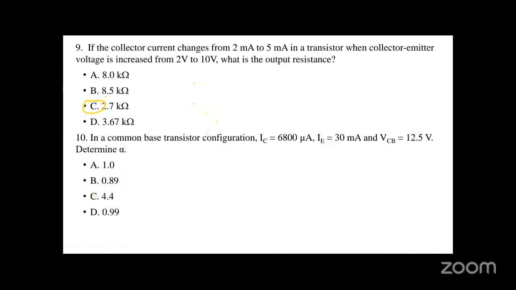In a common base configuration, IC is 6,800 microamp. The emitter current, IE, is 30 milliamp.